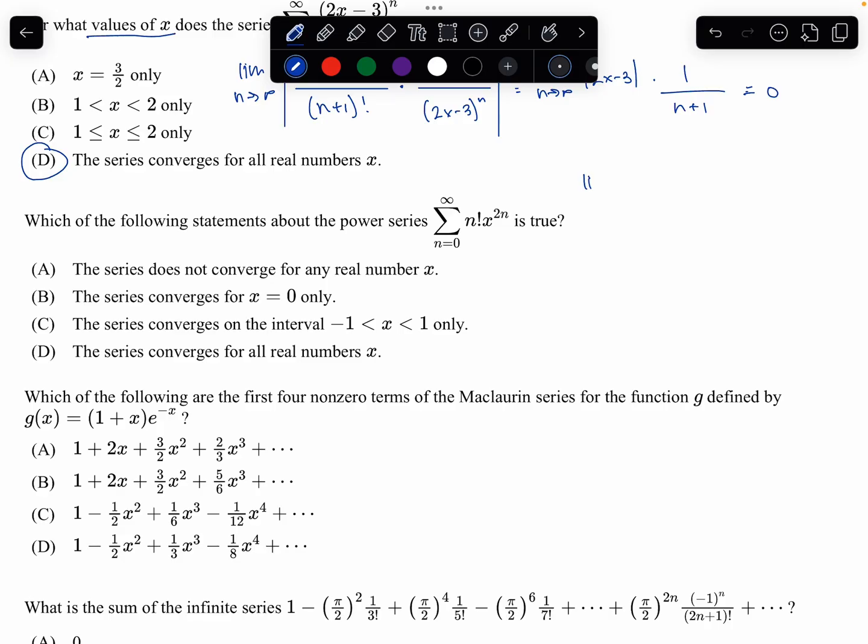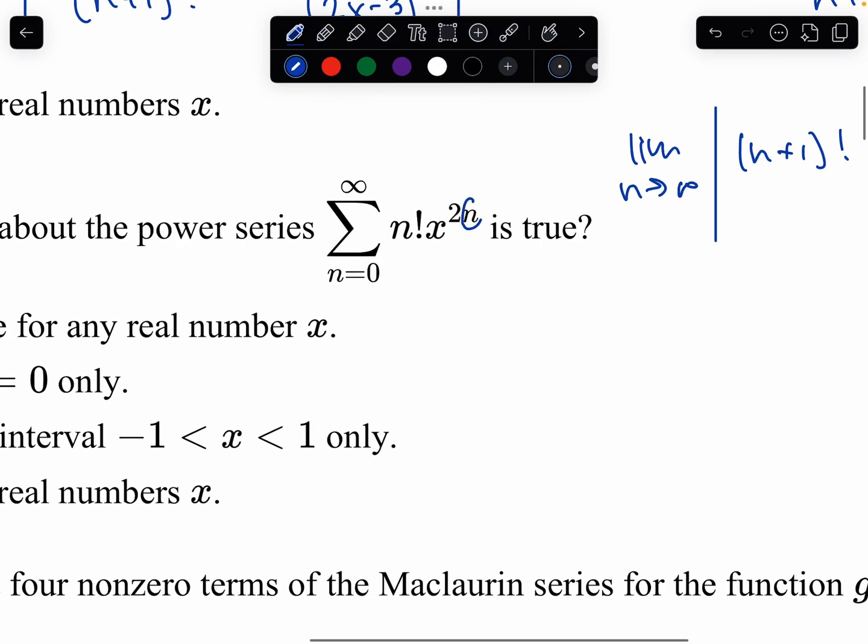So we'll do the limit as n approaches infinity of the absolute value of the (n plus 1)th term. So that's going to become (n plus 1) factorial times x to the 2n plus 2, because I'm going to plug in n plus 1 right here, and that's going to multiply by 2, so you distribute the 2, and you get 2n plus 2.